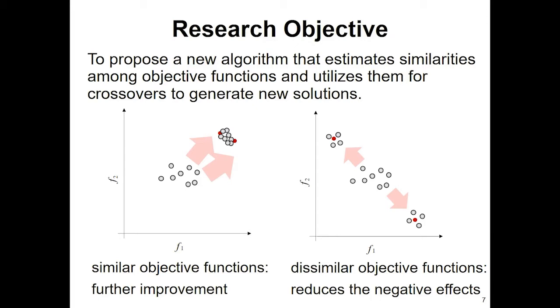This enhances the information exchange among these solutions and synergic effects for optimization of these similar objective functions. On the other hand, the proposed algorithm also suppresses crossovers of solutions with scale factors of dissimilar objective functions. This reduces the negative effect that can arise when these dissimilar objective functions are involved.